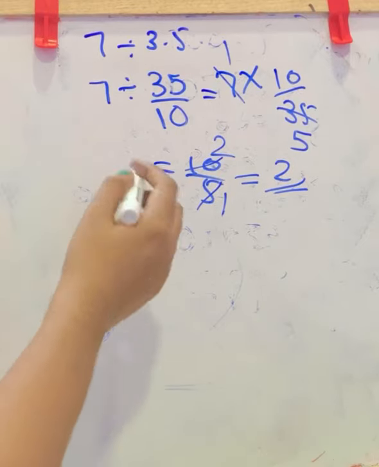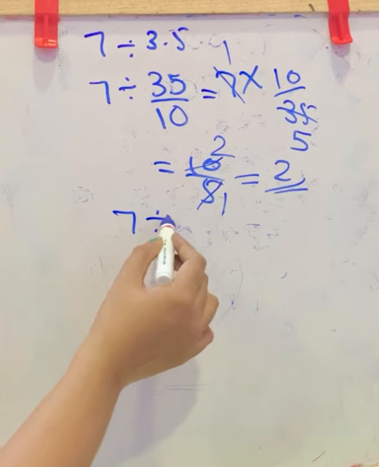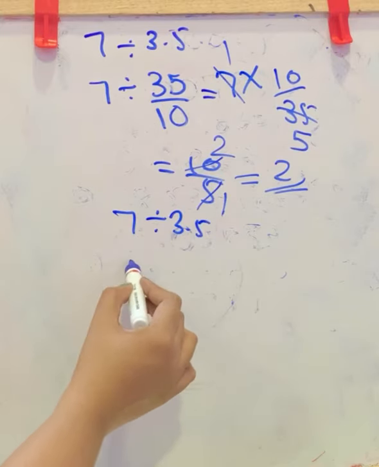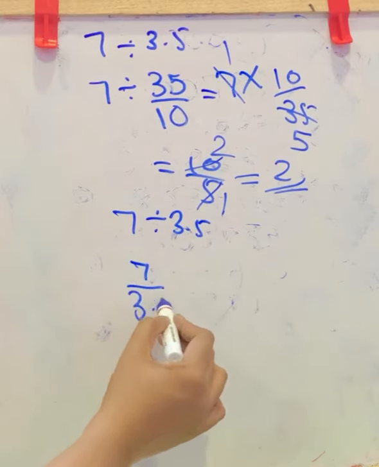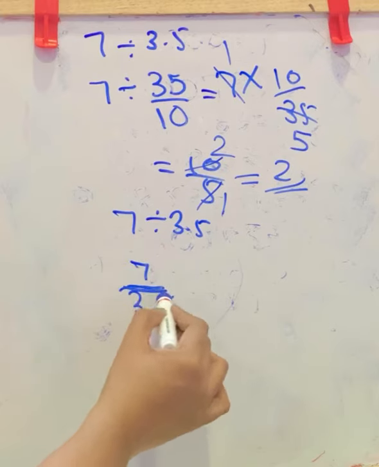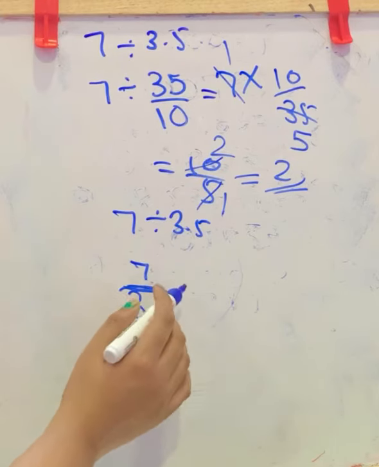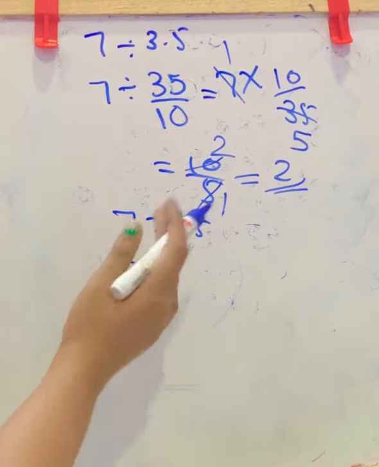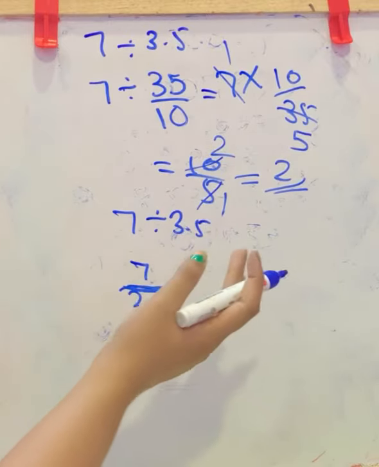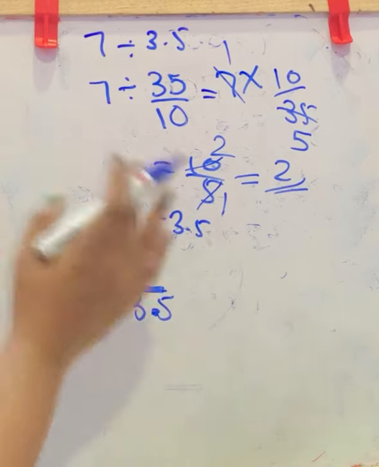Now the next one is 7 division 3.5 means 7 by 3.5. Division means by. Now here we don't want decimal in the denominator. For that you want to multiply with 1 and 0 numbers, that is 10, 100, 1000 and all.